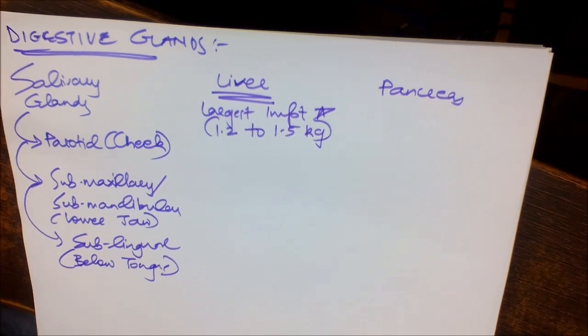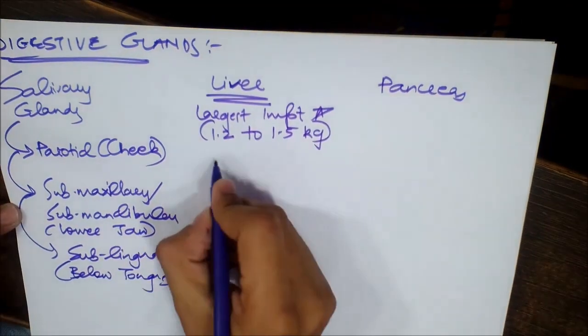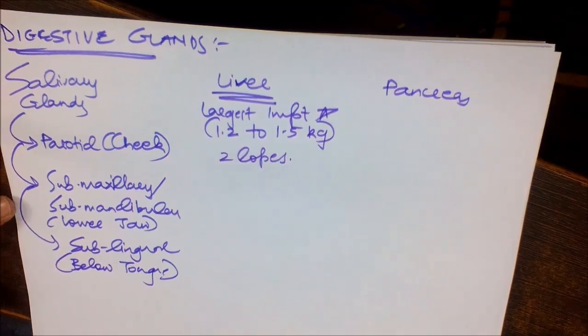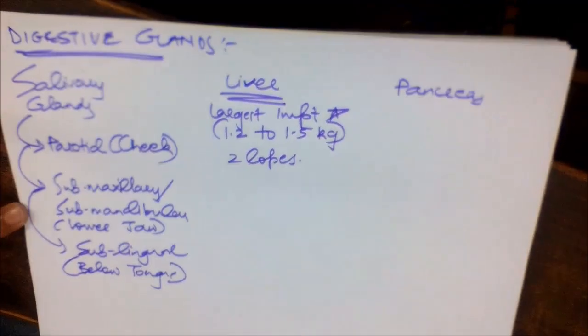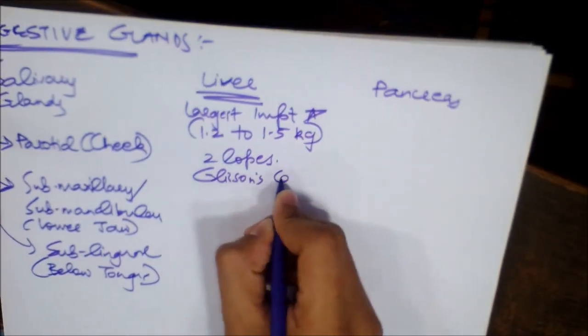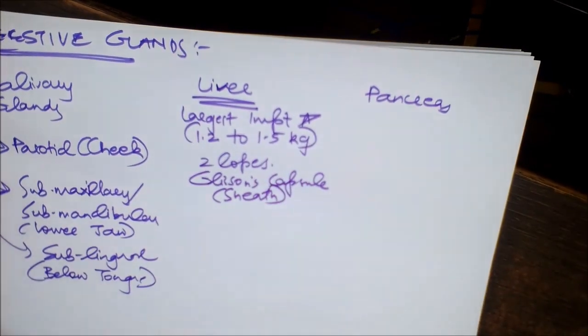The hepatic lobules are the structural and functional units of the liver, containing hepatic cells arranged in the form of cords. Each lobule is covered by thin connective tissue sheet called the Glisson's capsule.